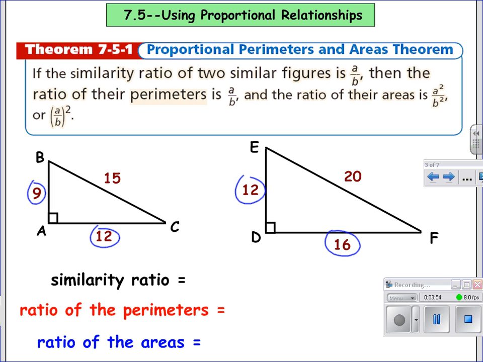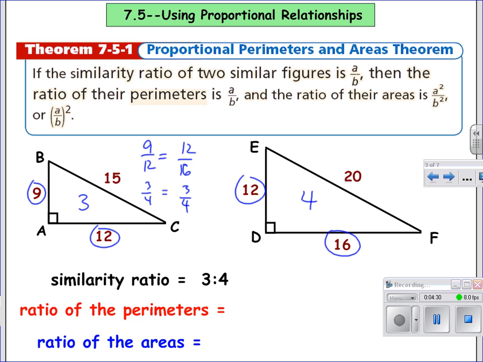If I want to determine whether triangles ABC and DEF are similar, then 9 over 12 must be the same as 12 to 16. Lots of ways I can do that. I can just simplify: 3 over 4, 3 over 4, and my similarity ratio from ABC to DEF is 3 to 4.